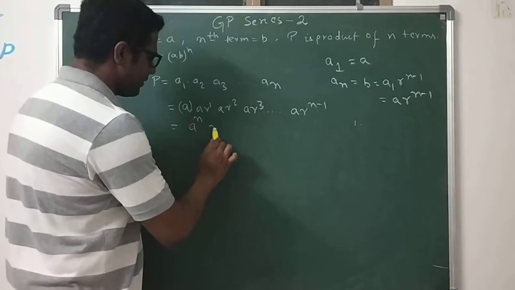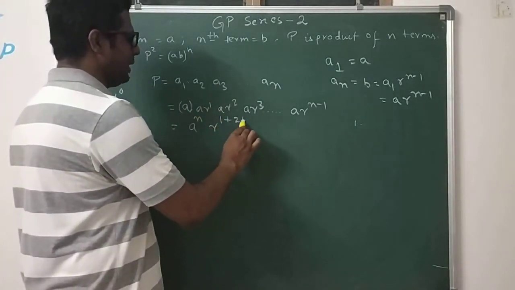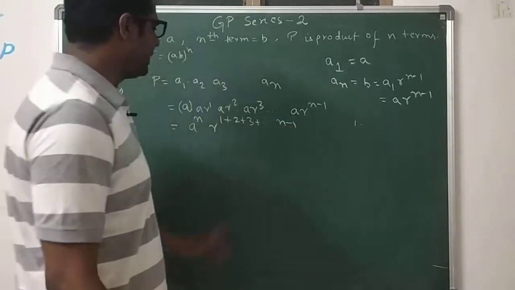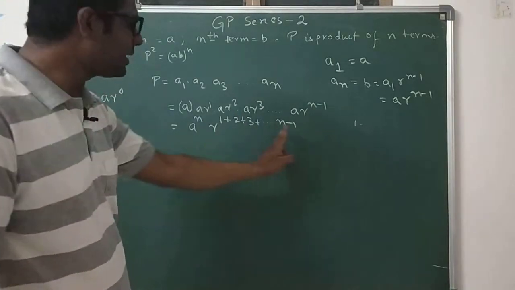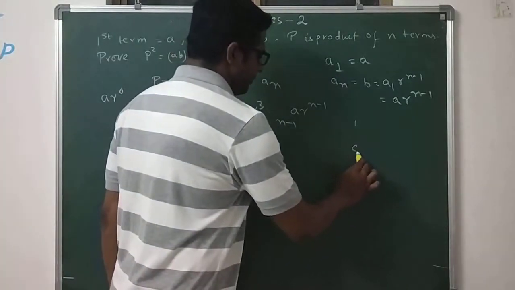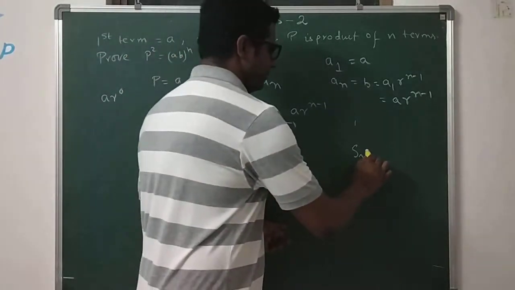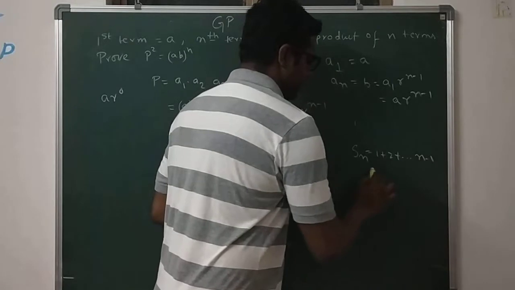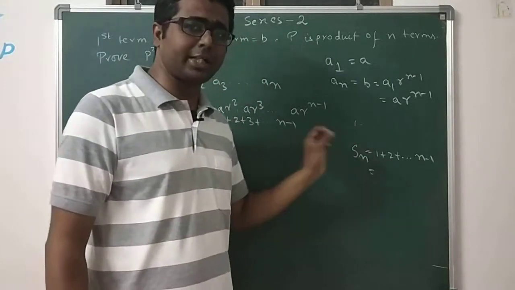Next, r to the power 1 plus 2 plus 3 plus up to n minus 1. Is this not an AP? And is this not a sum of an AP? It has to be. So Sn is 1 plus 2 plus up to n minus 1. Can I calculate over here? How many terms are there starting from 1?